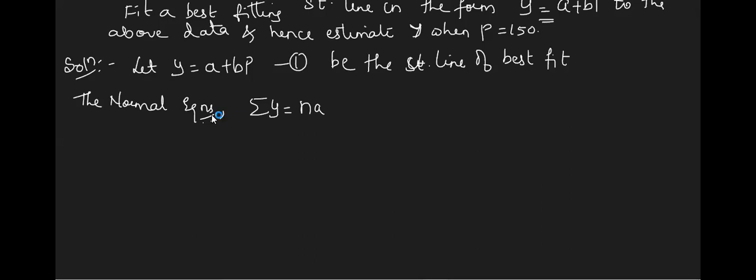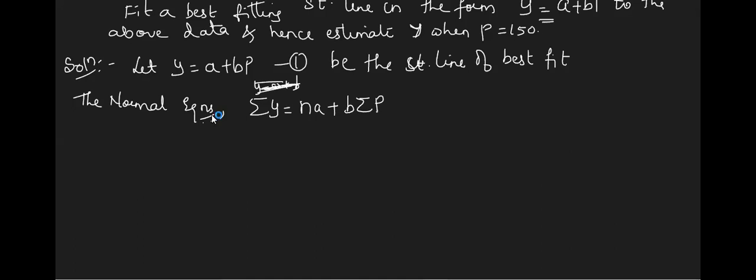Otherwise, your A and B values will reverse. When it is y equal to ax plus b, you know what is to be obtained. That's why I never told you to memorize the normal equations. I told you to see the equation and decide. Is it okay now? Just put a summation. For the constant, n will come, plus b into summation of p.